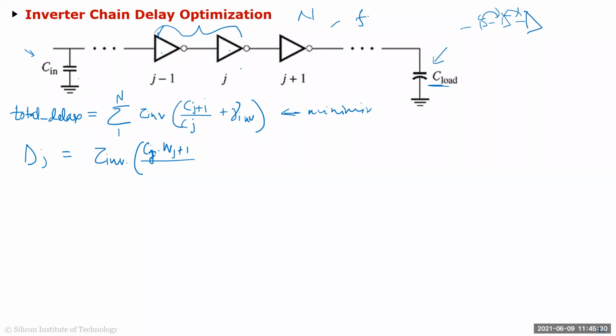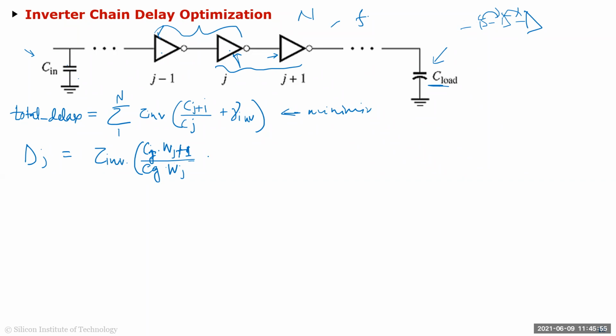So let's say I've taken these 2 inverters here. Basically the output is CG times the WJ plus 1 of this inverter, which is the total W, P times WN, and then CG times this inverter, CG times WJ. This is what we wrote in the last equation in the last slide.